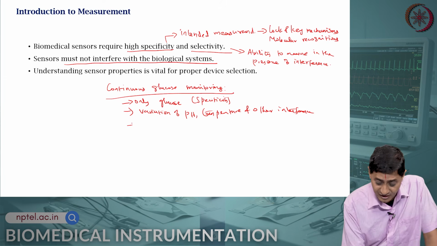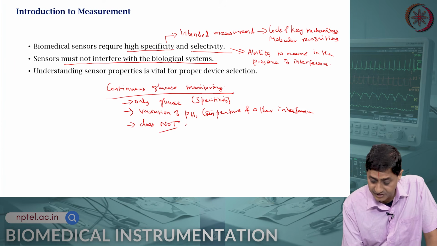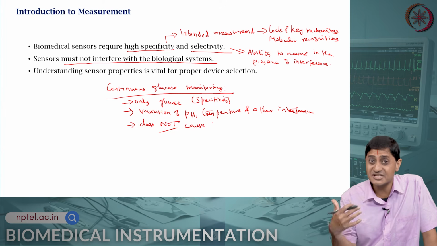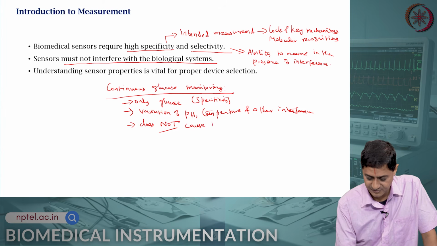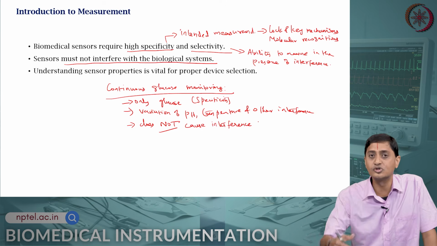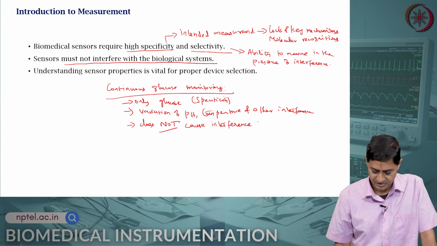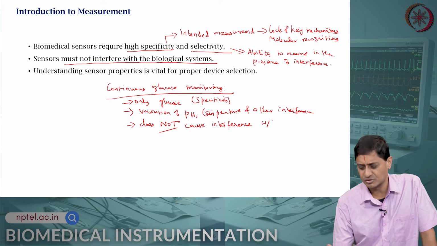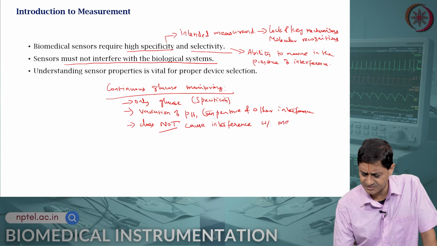By itself, this measuring system should not cause interference. Now, when you are trying to measure with less interference, you should not cause interference, right, with other systems, to the biological organism or with other measuring systems.